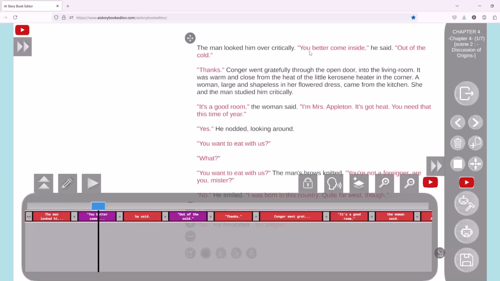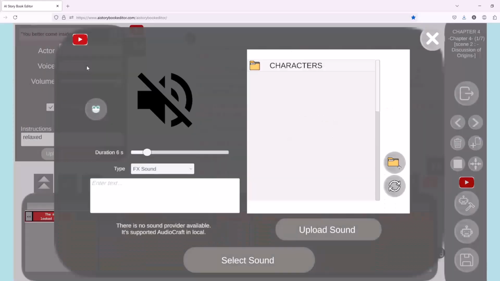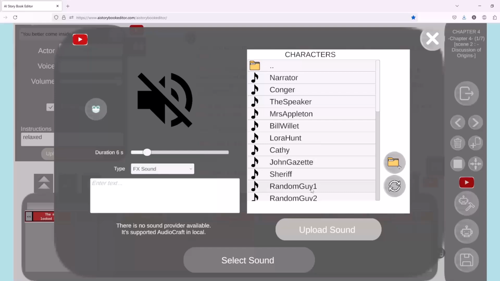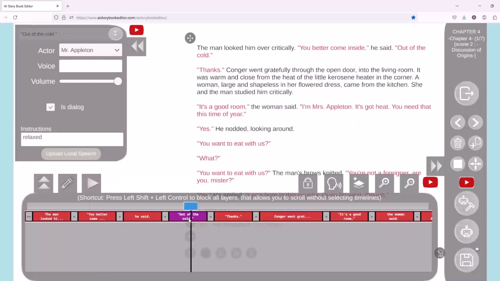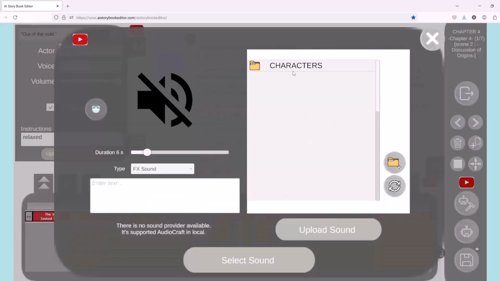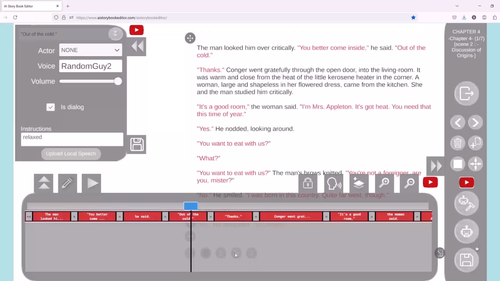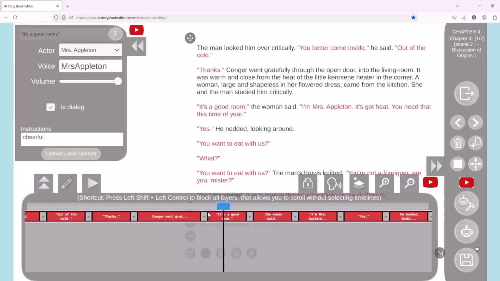The man looked, you better come inside. And this is Mr. Appleton. Okay, this is Mr. Appleton that I think only speaks in this chapter, in this moment. So a random voice. This is Conger, and this is Mrs. Appleton.